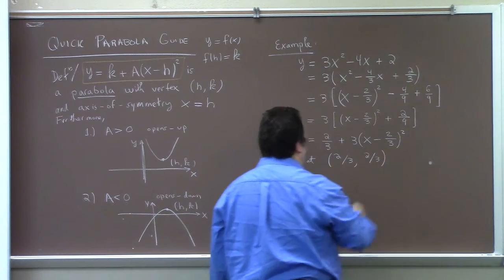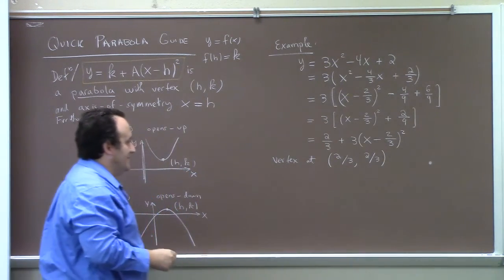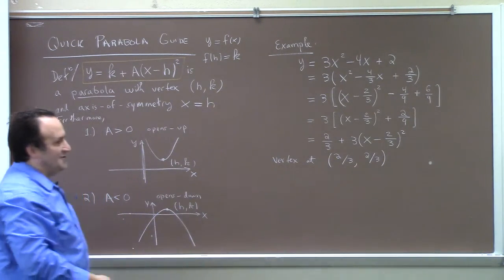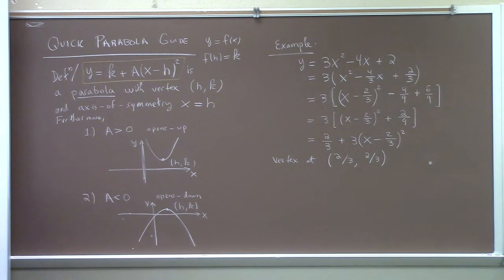That was an accident. That's cool. If you'd asked me to find a parabola whose vertex lies on the line y equals x at 2/3, 2/3, I would not have expected 3x squared minus 4x plus 2 to be that. But apparently, there it is.